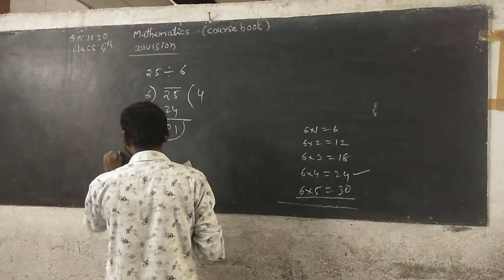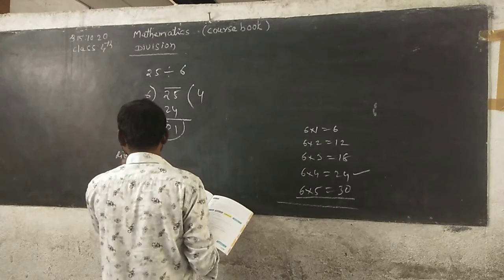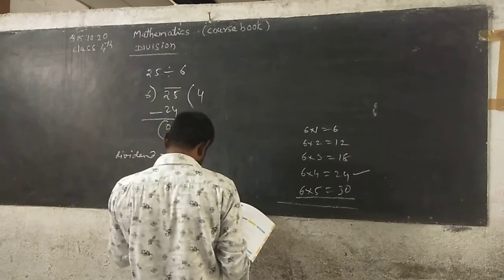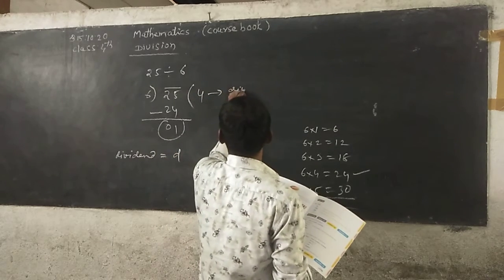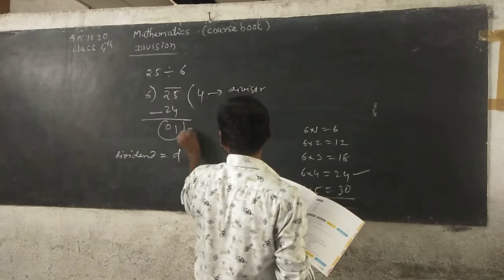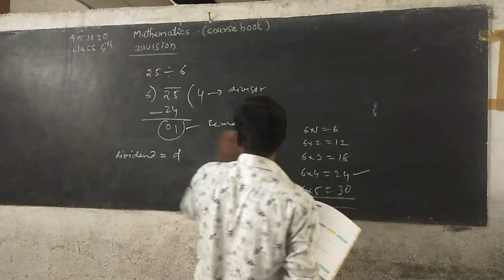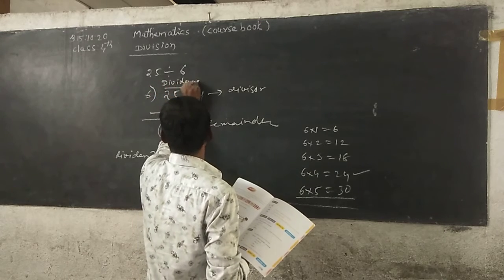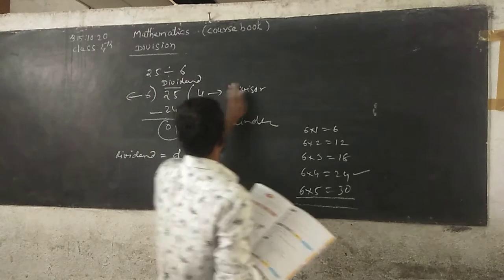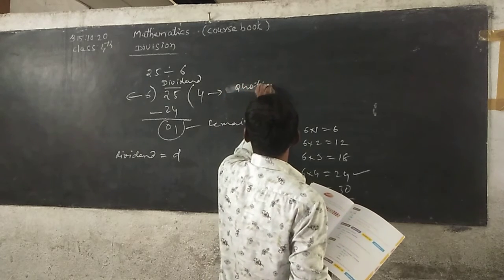See here. Dividend is equal to divisor. This is the divisor. This is the remainder. This is the dividend. And sorry, this is the quotient.